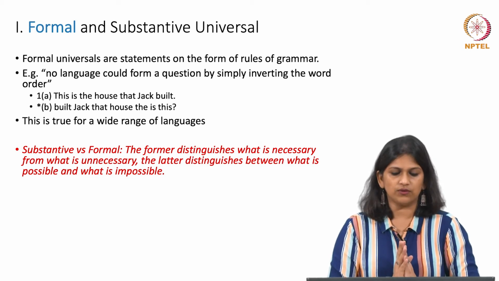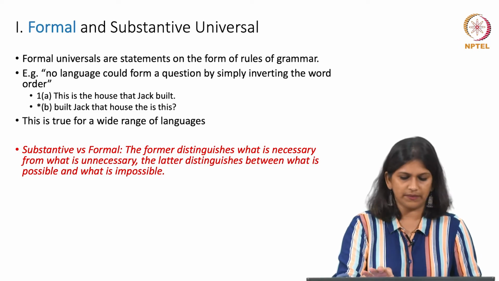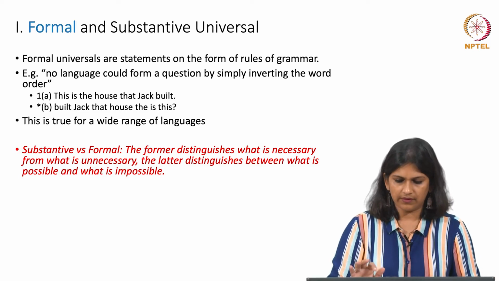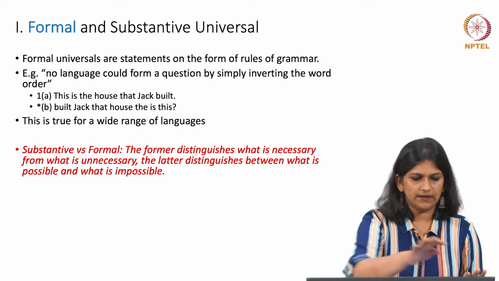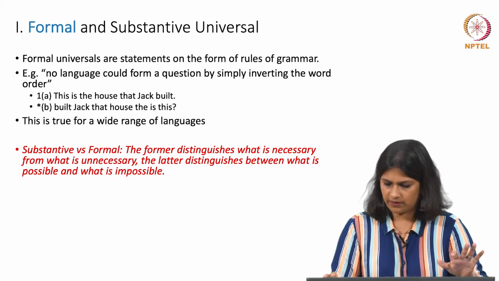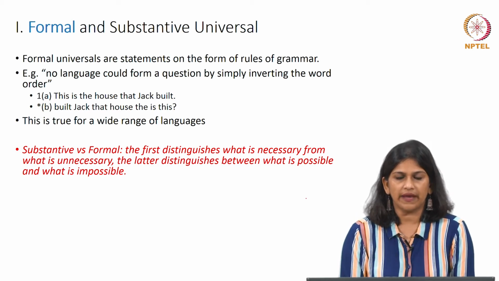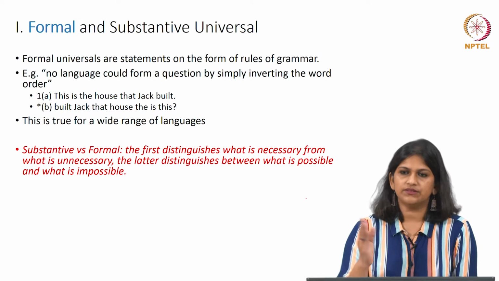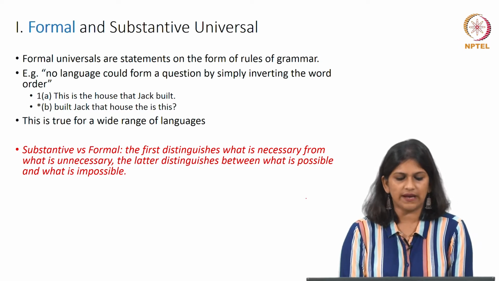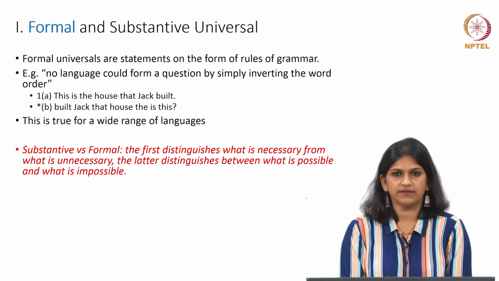Let us say this is the house that Jack built. If that is a statement, if that is a sentence, we cannot say that a question can be formed out of the statement just by reversing the word order. Built Jack that house is this, that is no question. So, this is called your formal universal.